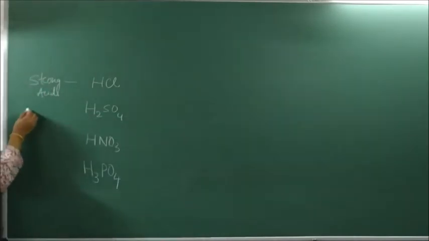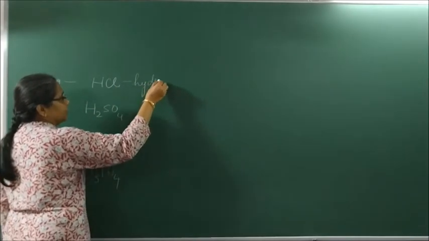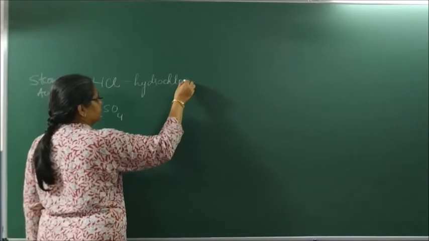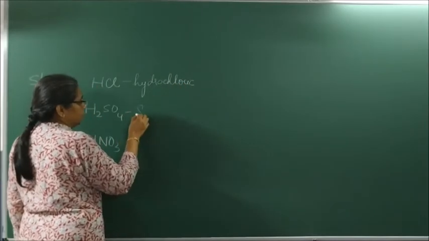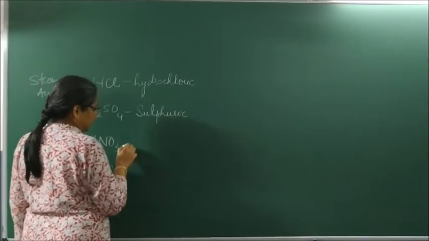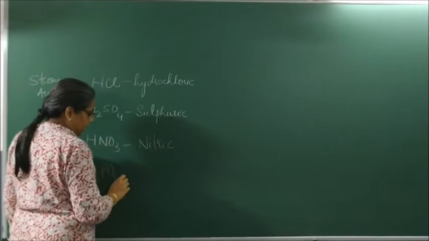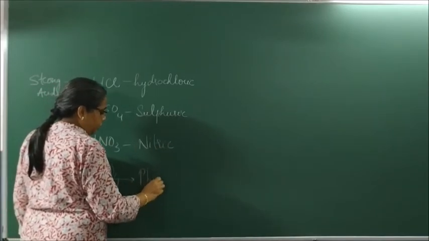So this is, I am writing here, hydrochloric acid. This is sulfuric acid. Please write acid along, I am not writing. This is nitric acid. And this is phosphoric acid.